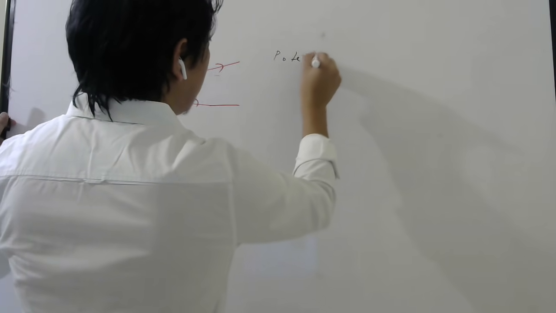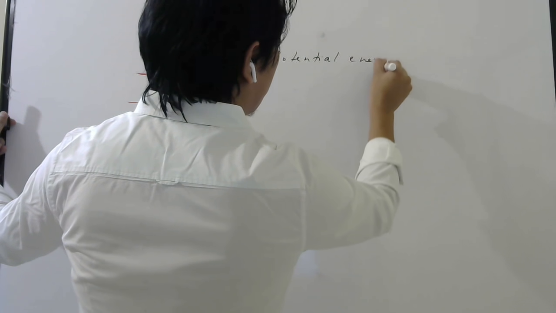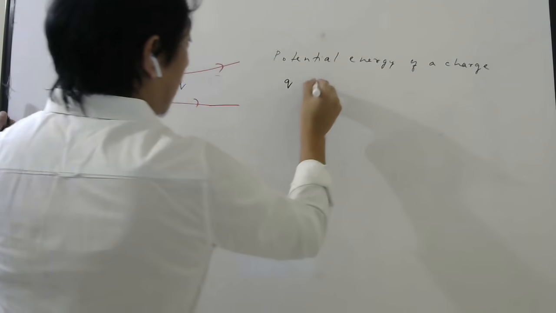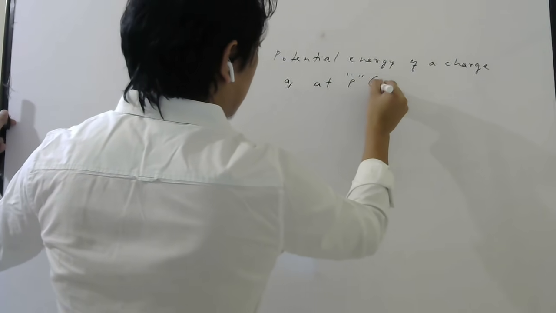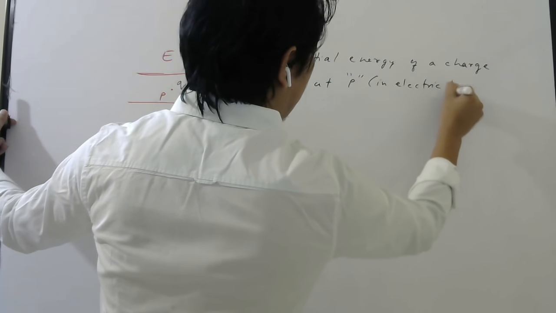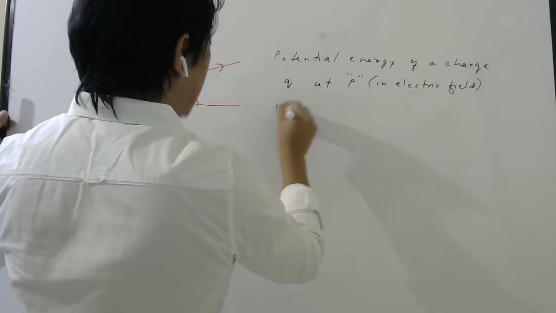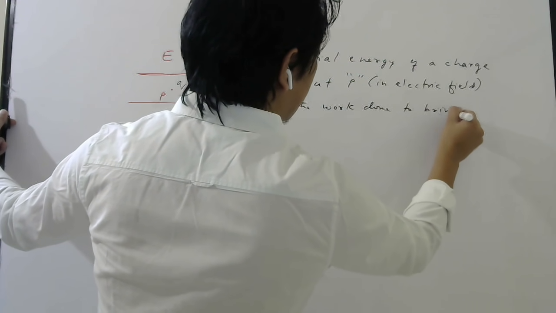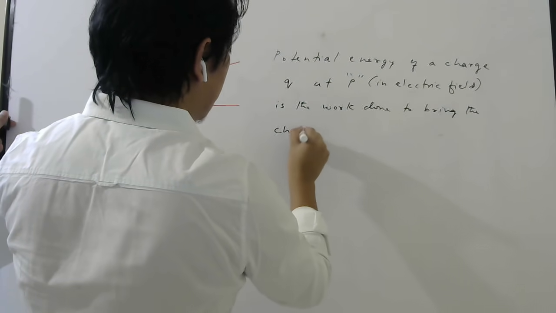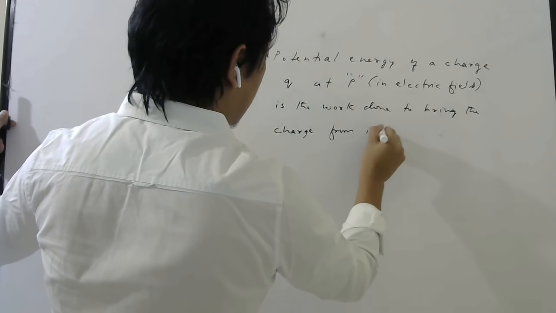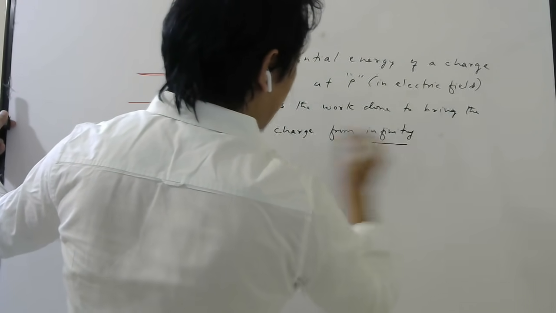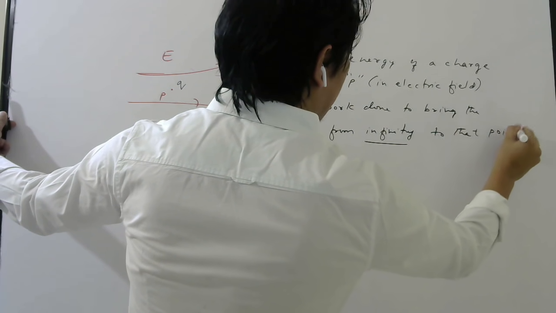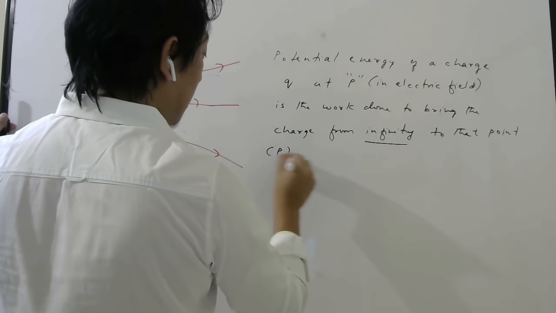So write down, all of you: potential energy of a charge Q at P in electric field, a very important word, it has to be in electric field, is the work done to bring the charge from infinity to that point, the point here is P, against which force?